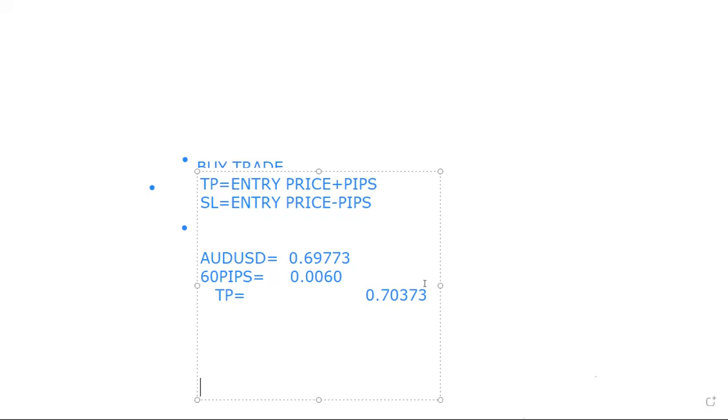Let's also calculate the stop loss. Now, in the formula you wrote for stop loss in your notes, stop loss means entry price minus pips. So we already know the entry price, which you have. Let's use 30 pips for our stop loss. What's 30 pips again for this kind of currency pair? If 60 pips is 0.0060, what's 30 pips?